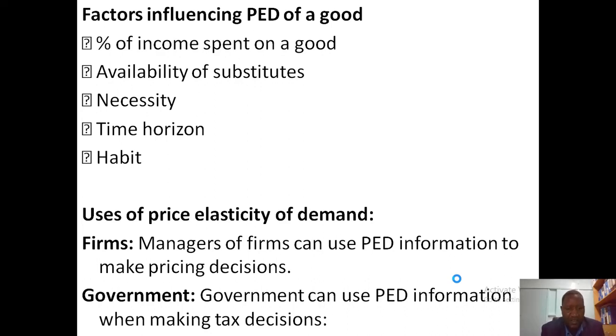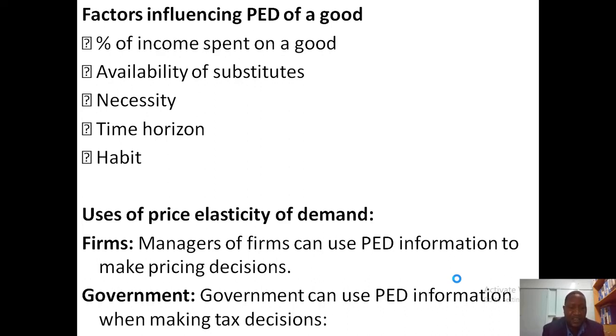What are the uses of price elasticity of demand information? This information can be used by managers to arrive at pricing decisions. I'll be talking about that with an example that we are going to do in this particular session. So managers use the PED information for particular products in order to arrive at pricing decisions.